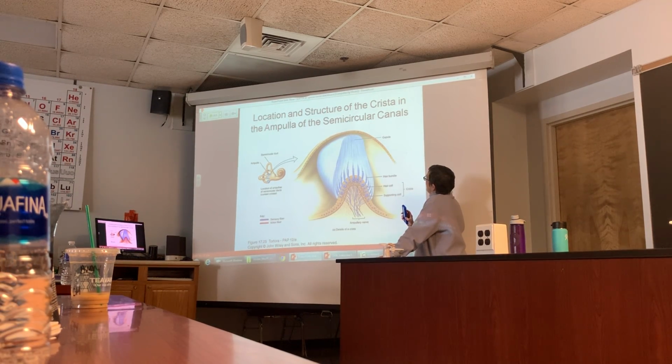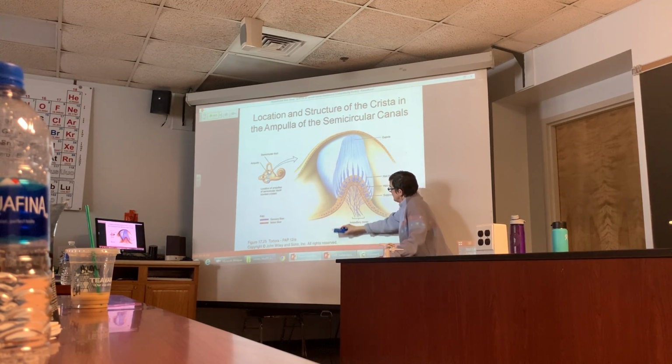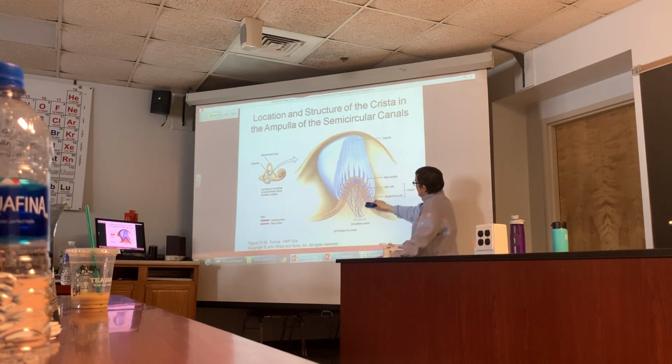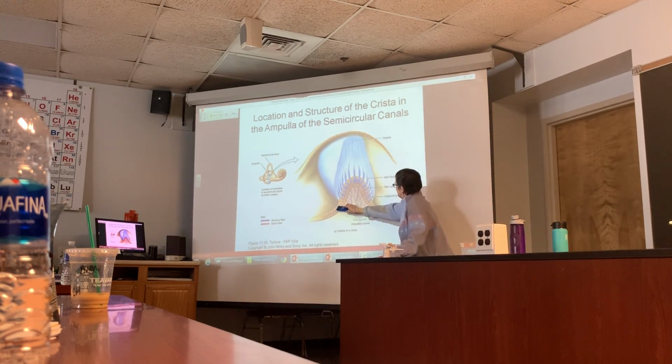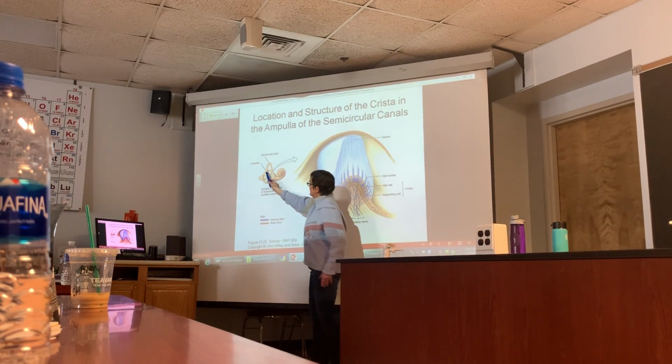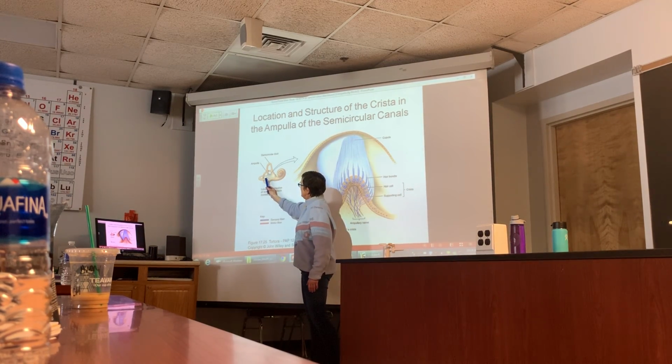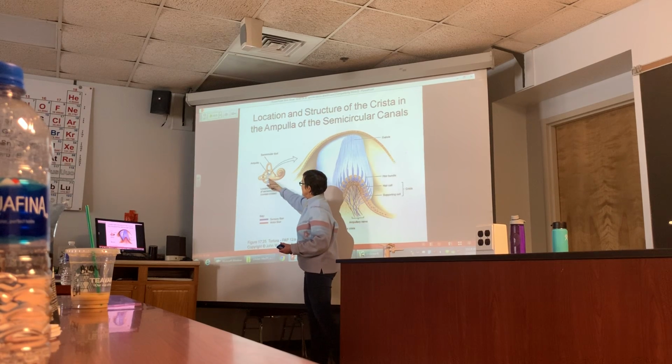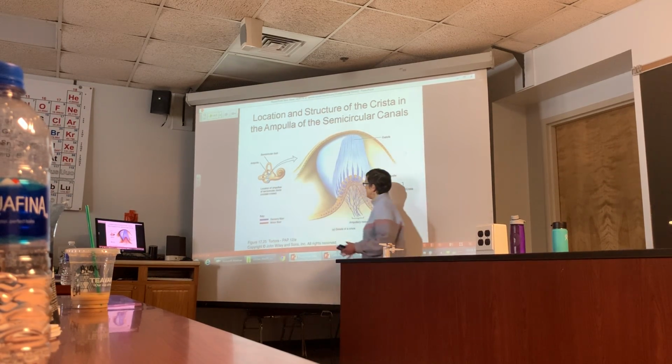You have this structure called the crista, which consists of a mound right here, that mound of cells, a little hill within the semicircular canals. And here's the location of these structures. There's fluid here moving around, but this is where the sensory neurons are in the blue area, right at the base. It's called the ampulla, or base, of the semicircular canals.